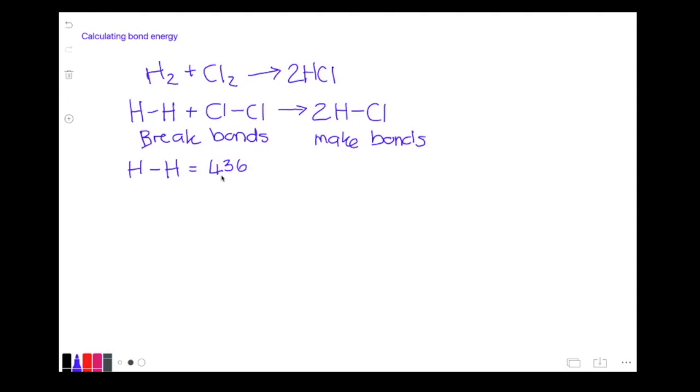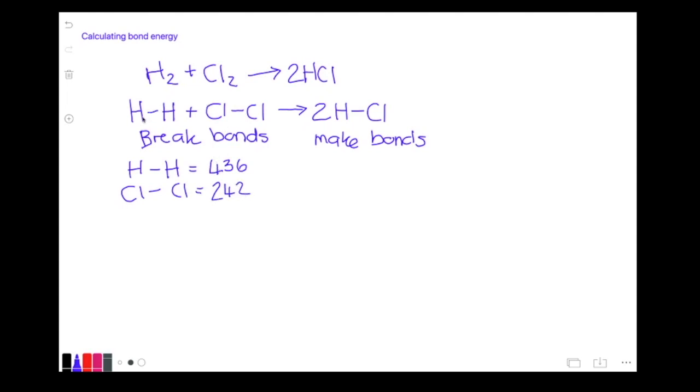That's kilojoules per mole. Now we've also got on the left hand side a chlorine molecule. So again, we need energy to break that chlorine bond, so we'll write that here. The energy to do this is 242 kilojoules per mole.